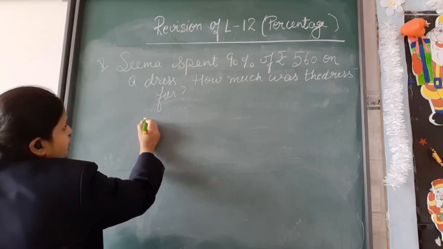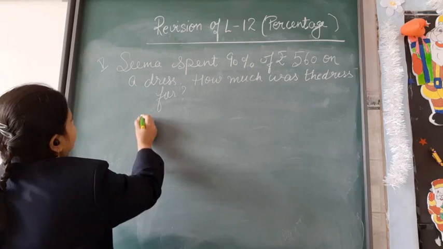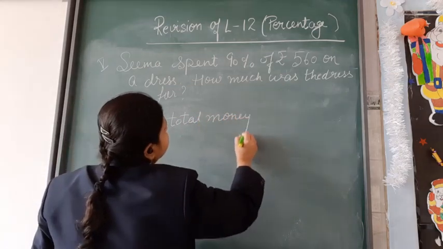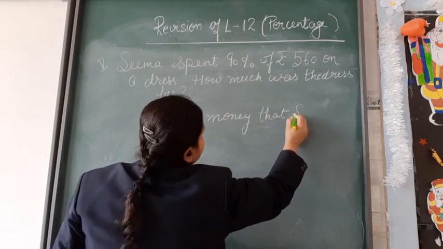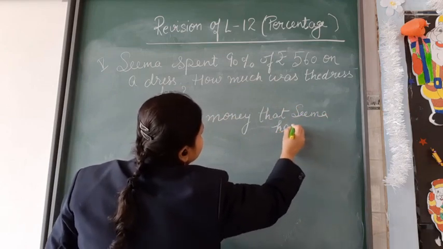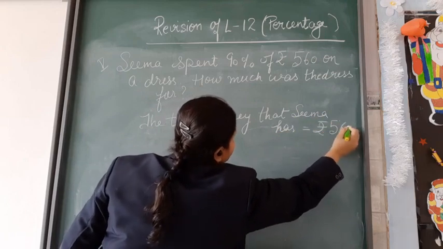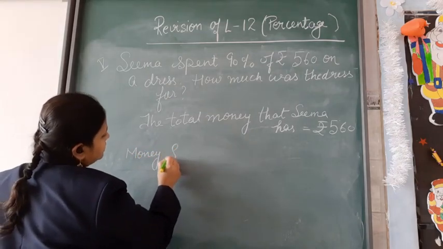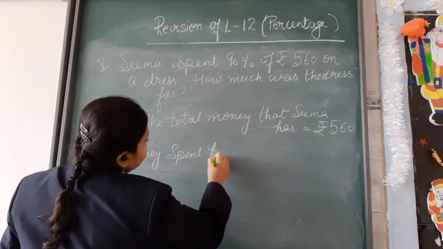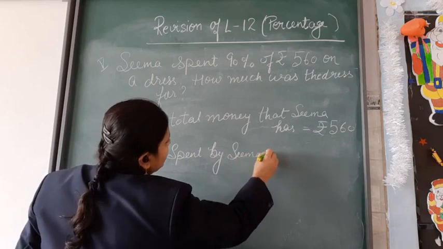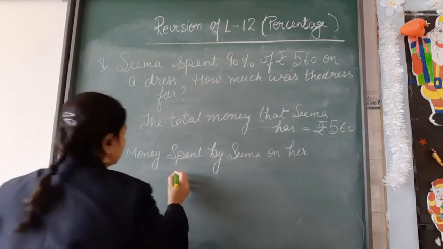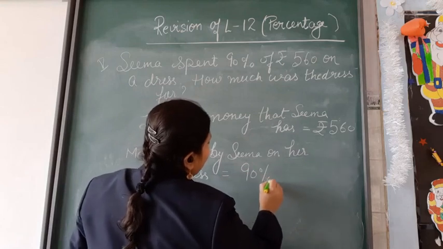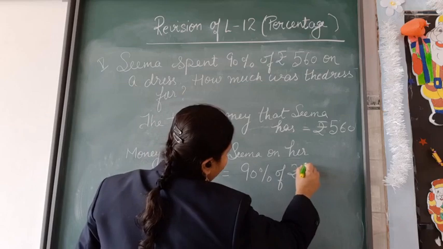Well, in the solution, the first step which you are going to write is that the total money that Seema has, this is rupees 560, and money spent by Seema on her dress is equal to how much? 90% of the money that she had, and which is equal to 560.